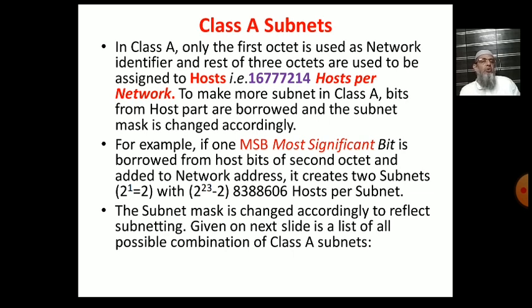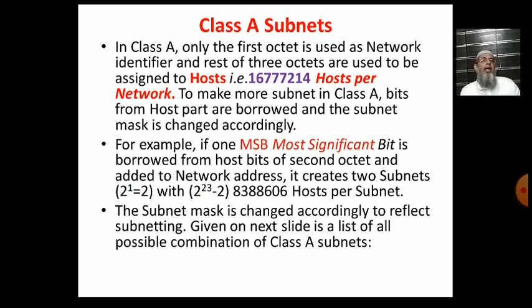In every subnetwork we are losing two IP addresses as network ID and the broadcast IP. For efficient management, because managing a network with 1 crore 67 lakh 77,214 hosts is very difficult, for that purpose we use the concept of subnetting for efficiency.